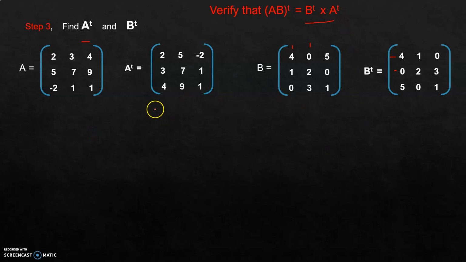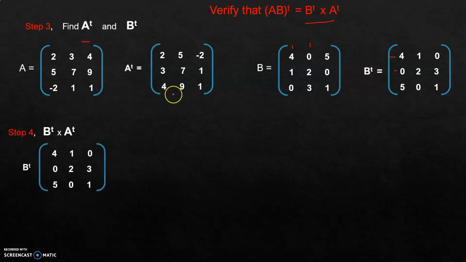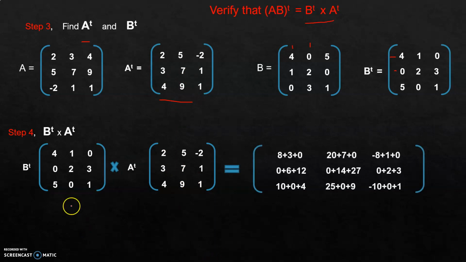At present we have A transpose and B transpose, so let's find the product. Multiplication we know. Transpose of B into transpose of A: B transpose is [4, 1, 0; 0, 2, 3; 5, 0, 1] into A transpose, which is [2, 5, -2; 3, 7, 1; 4, 9, 1].